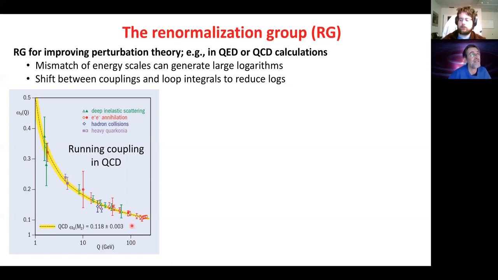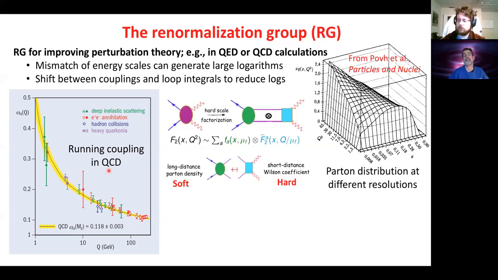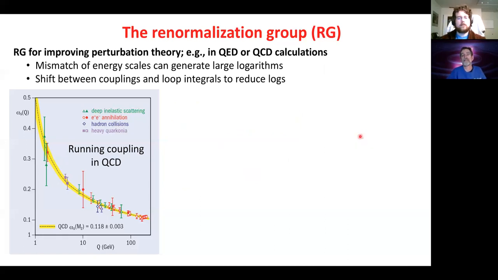What this means is that your picture of what happens in QCD, and I'm just going to actually go to that picture here, also changes when you do this. So these are what are called parton distributions. It's essentially that momentum distribution I was talking about, but not for a proton and a nucleus. It's for a quark and gluons inside of a proton. And so if you look at one resolution scale, this corresponds back to my picture here.